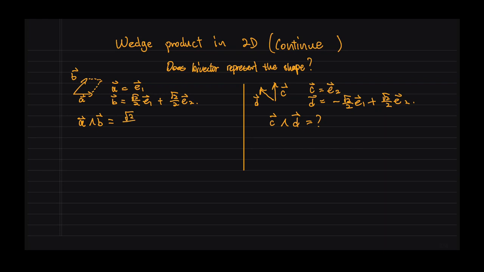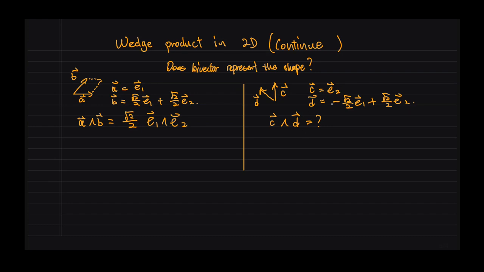The answer is square root 2 divided by 2 E1 wedge E2.